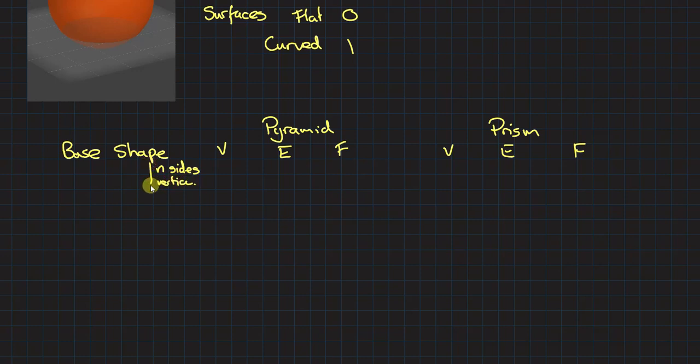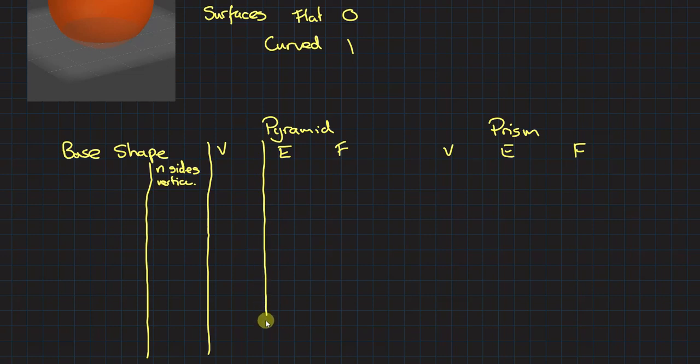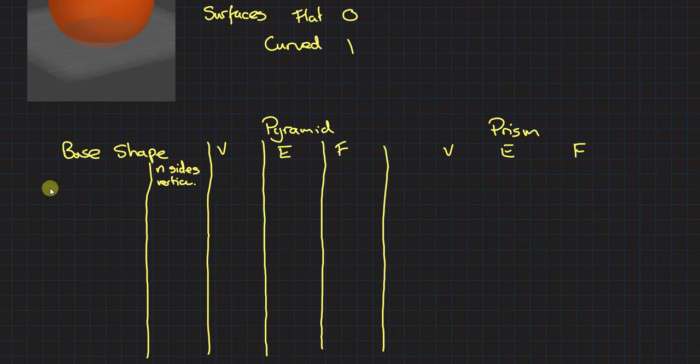I'd like to know how many can you find a relationship. The relationship's a difference between pyramids and prisms, but investigate the relationship, please, on these three-dimensional shapes.